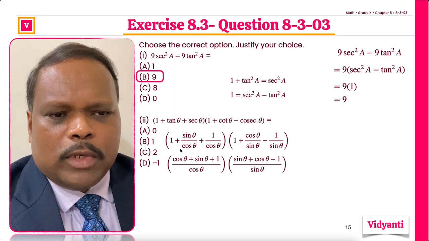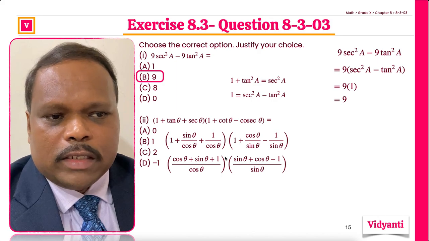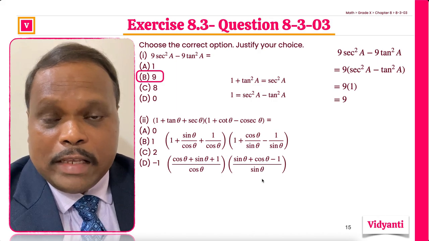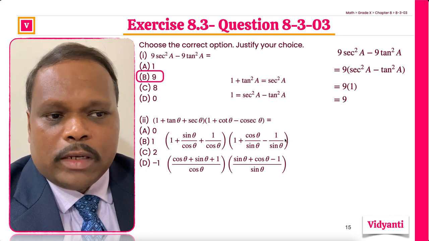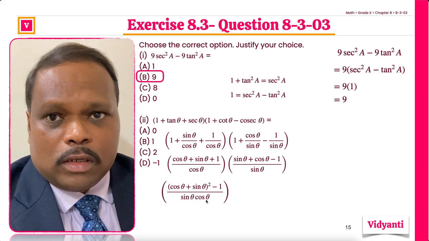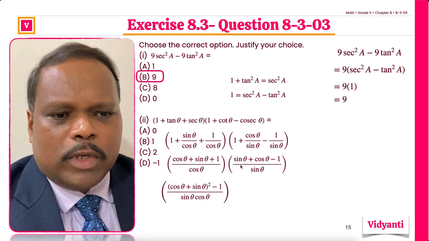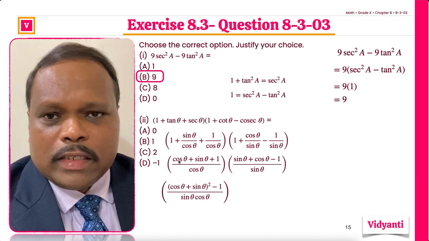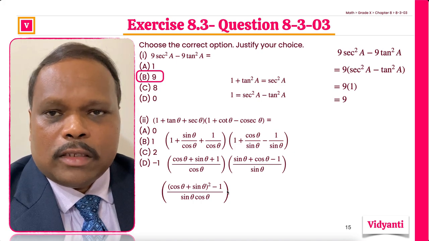So now it will be cos theta plus sine theta as it is, and 1 as it is. Here the common denominator is sine theta, then sine theta plus cos theta and minus 1 as it is. Now sine theta cos theta will be the common multiplied denominator, and then think of this as a plus b, and think of this as a minus b. So it will be a square minus b square.